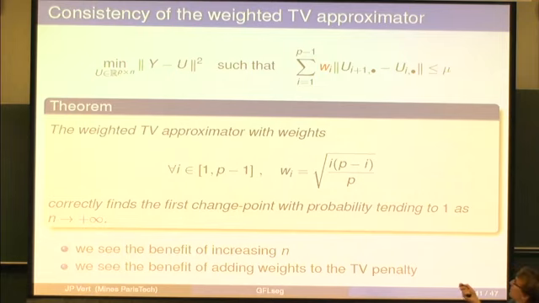And if you plug that into the total variation, then you are consistent throughout the profile, meaning that at least the first change point will be the right one, with probability tending to 1 as the dimension increases, with the same speed wherever you are in the signal.